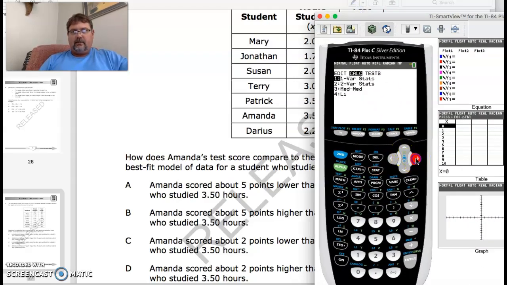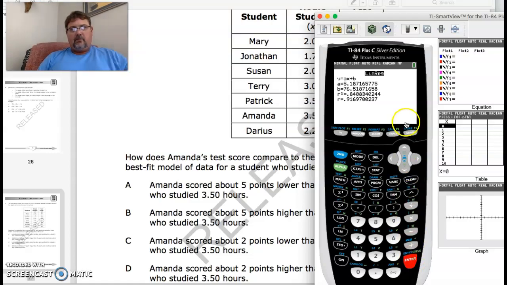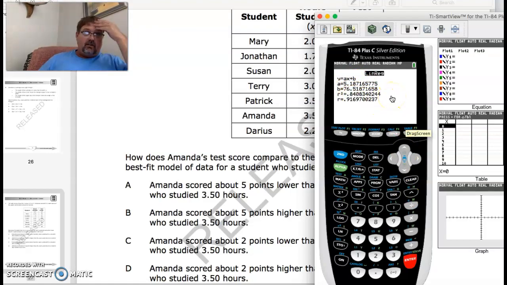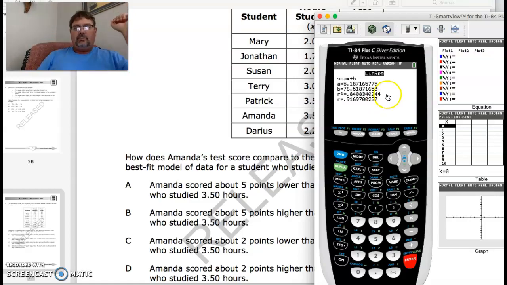Stat, Calc, number 4, that's your linear regression, and we're using L1 and L2, and we're going to calculate. All right, so there's my model. Now, what's important here is your a and your b. You're not using this correlation coefficient for anything. It's just still on from the last problem, but it could be asked in some other problems, so always turn it on. So y equals mx plus b.